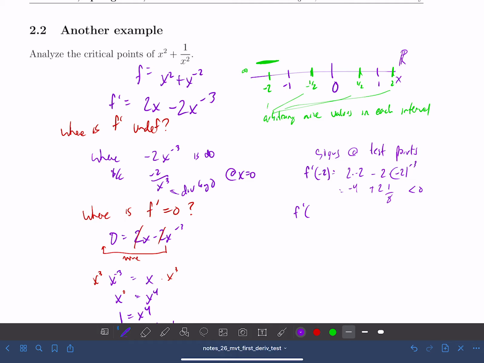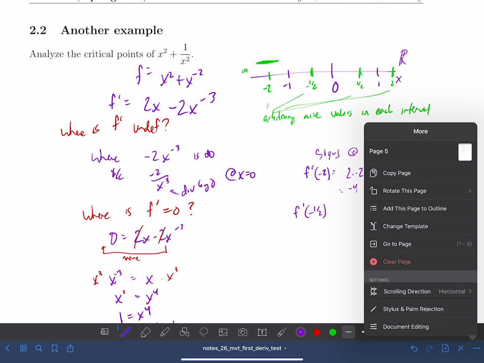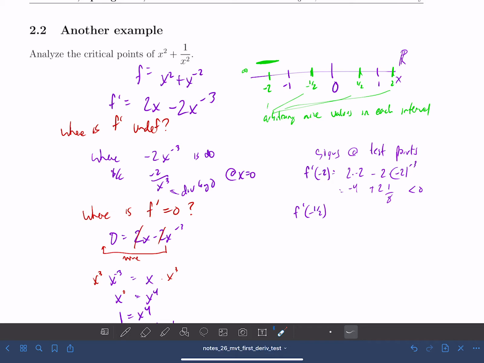F prime at -1/2. So we're working on our next test point. F prime at -1/2 is equal to 2 times -1/2 minus 2 times -1/2. I think I want to put that cube downstairs. This is kind of frustrating for me.